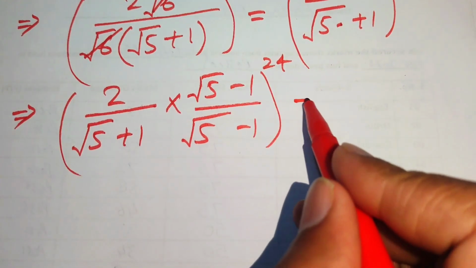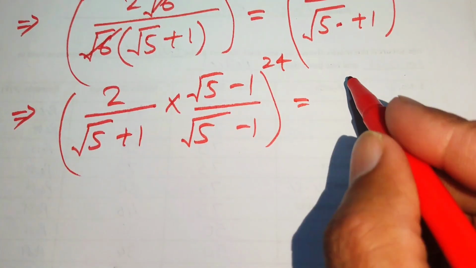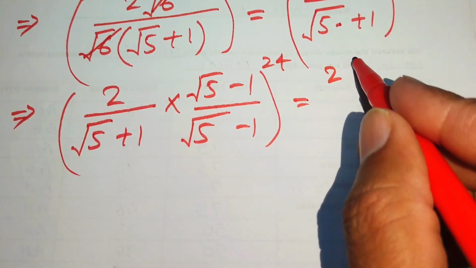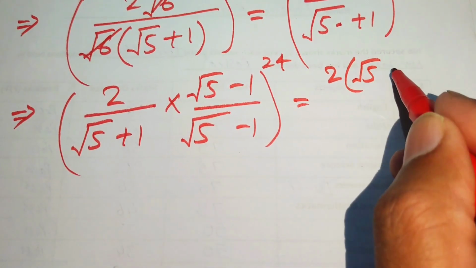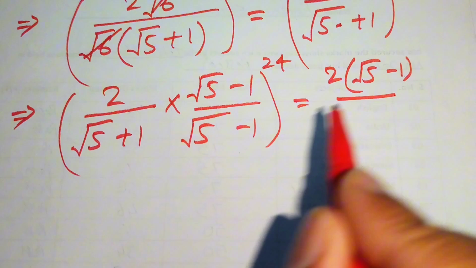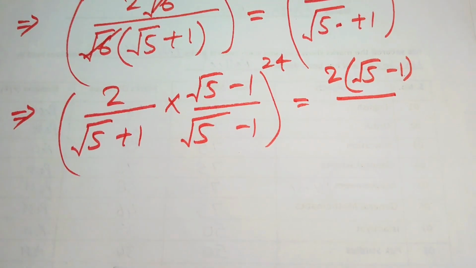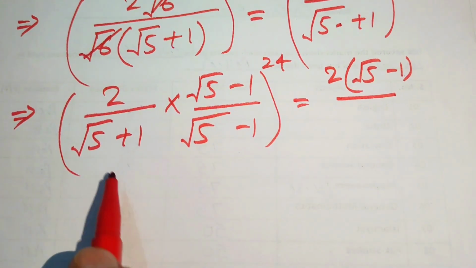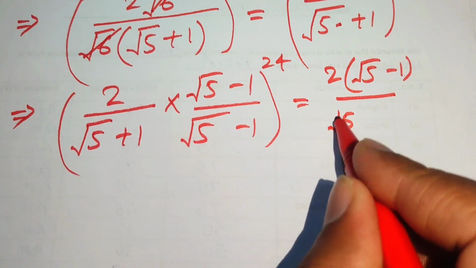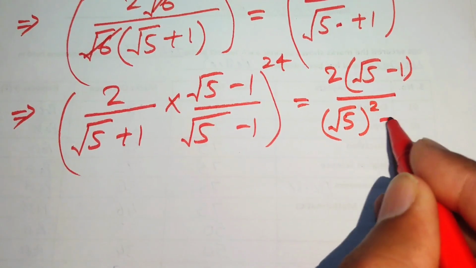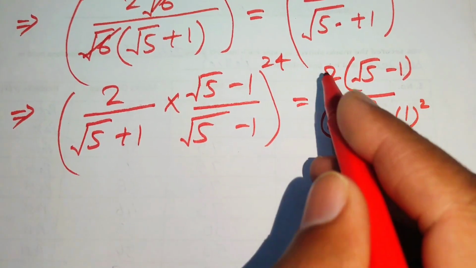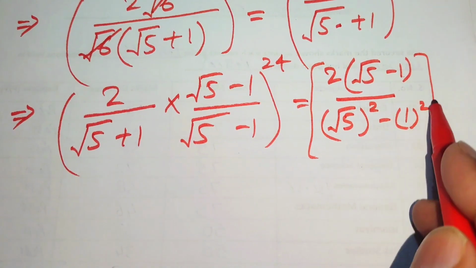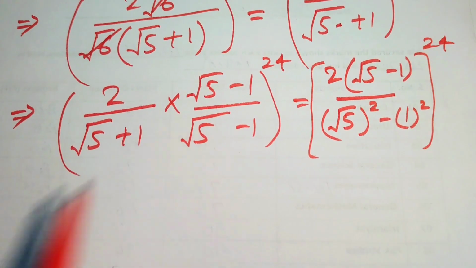And now you see here, we multiply numerator with numerator and denominator with denominator, and you get 2 into square root of 5 minus 1 divided by, here we apply the nice algebraic identity, and it will be written as square root of 5 whole square minus 1 square, and its exponent is 24.